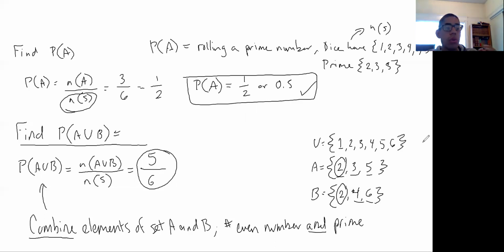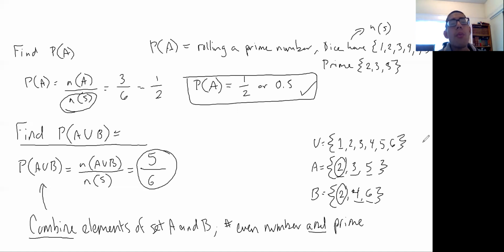What are the total number of possibilities? Well, there's 6 possibilities. I either get numbers 1, 2, 3, 4, 5, and 6. I'm going to get one of those numbers every single time. So there's a total of 6 possibilities. That's why 6 is the denominator.